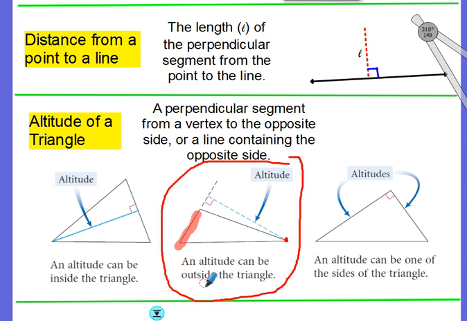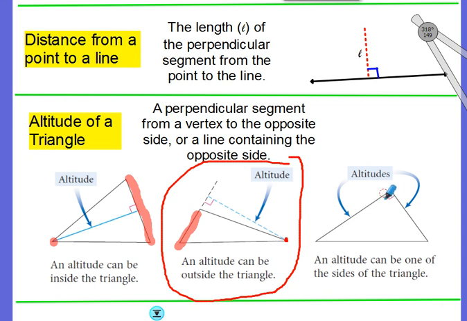That, if you notice, is an obtuse triangle. So for all obtuse triangles, altitudes will be outside of the triangle. On the far left, if we have our point and we draw the altitude down to this line, the perpendicular is going to be inside the triangle because it's an acute triangle. All acute triangles will have altitudes inside the triangle.